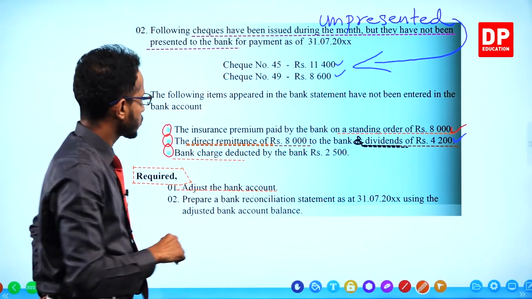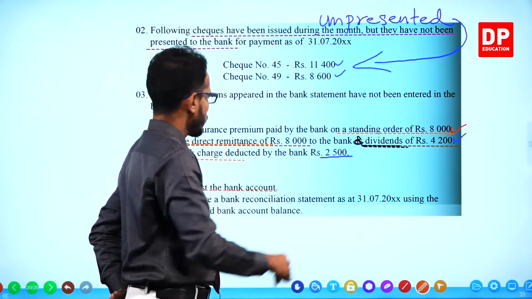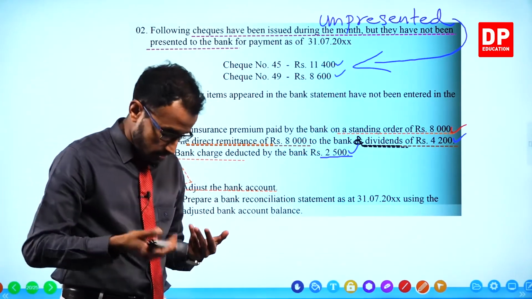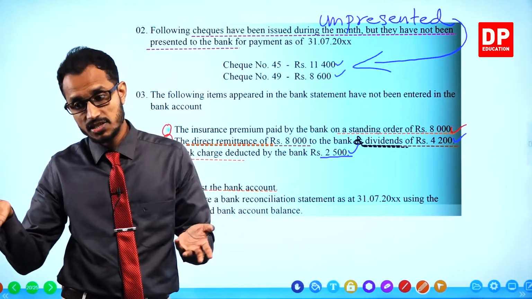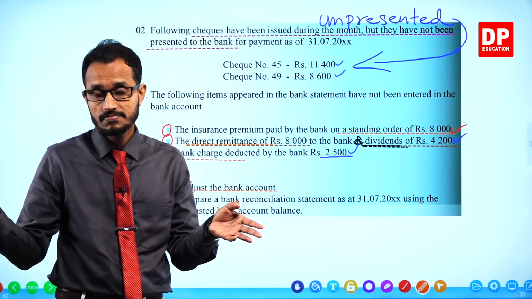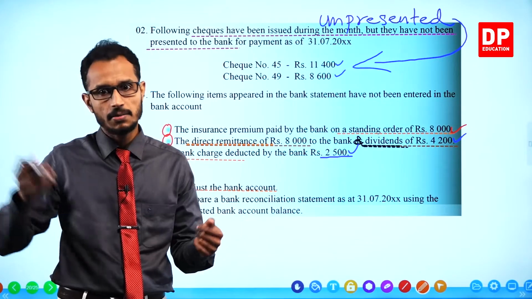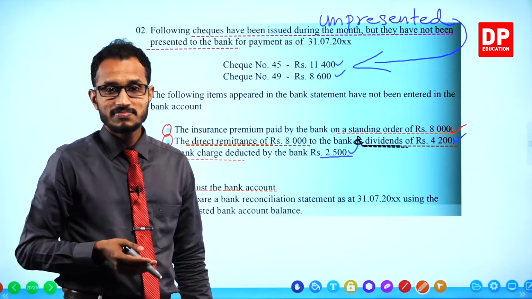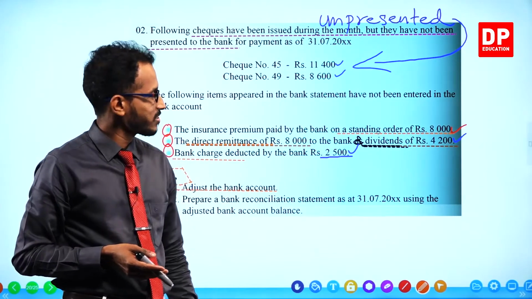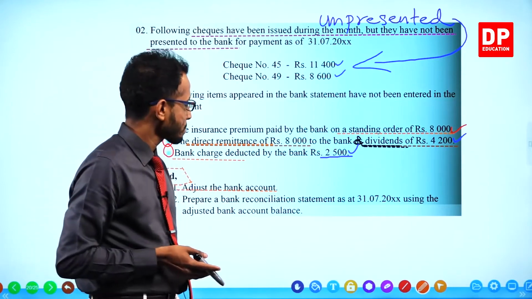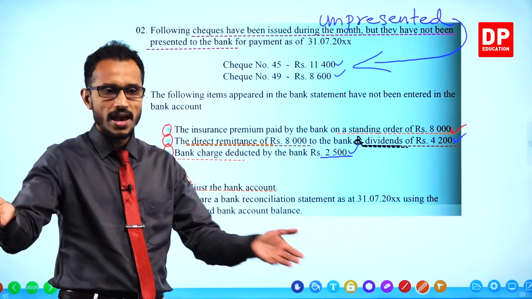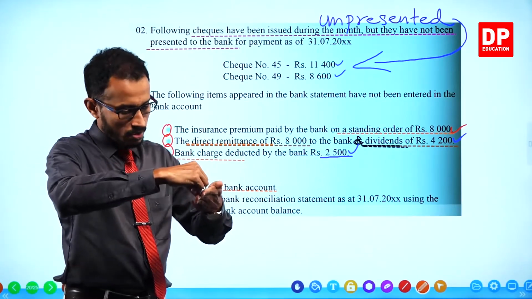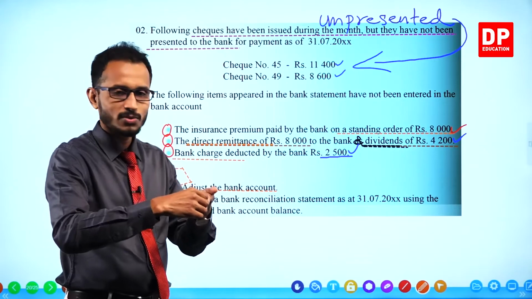Then we have bank charges, 2,500. We know bank charges are taken by the bank. The bank always takes money for their various services, and they deduct it from our bank balance. It's not very good news, right? When the bank statement comes to businessmen, I have seen how they react.